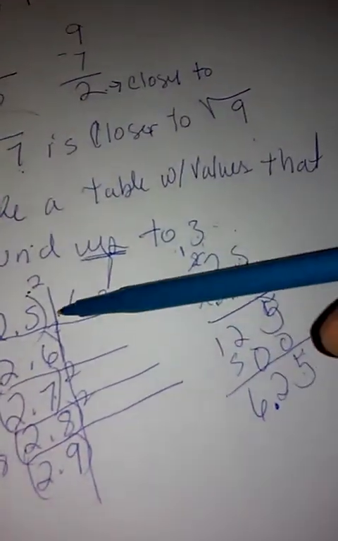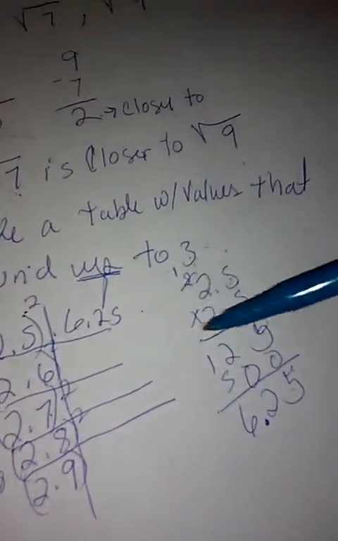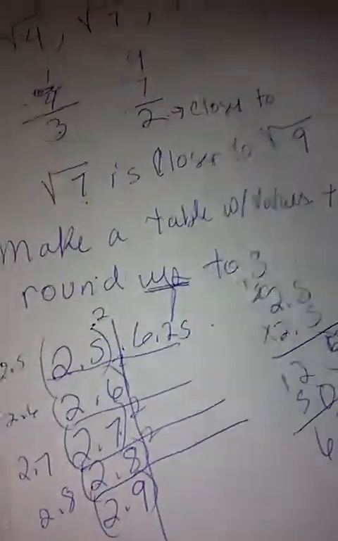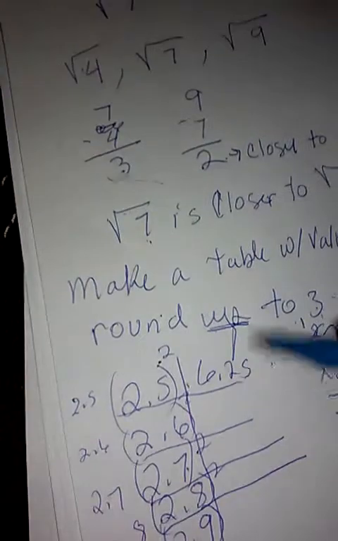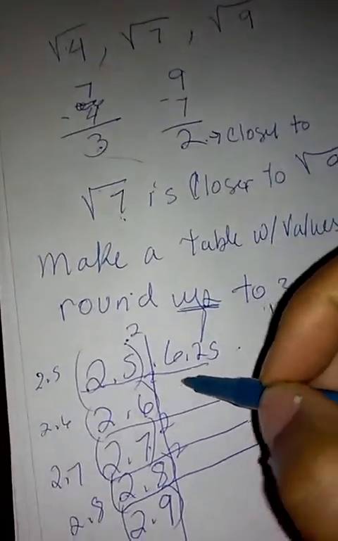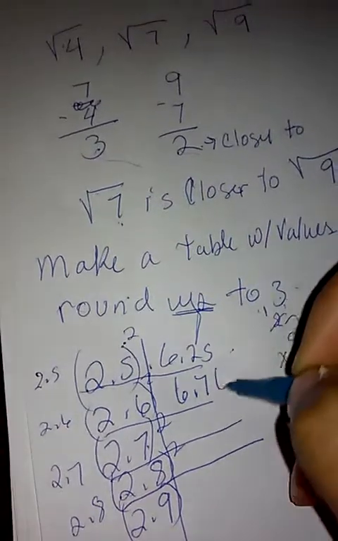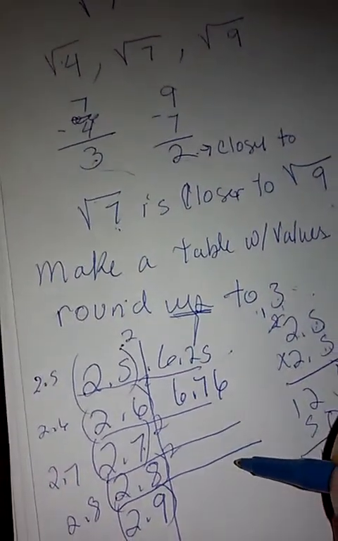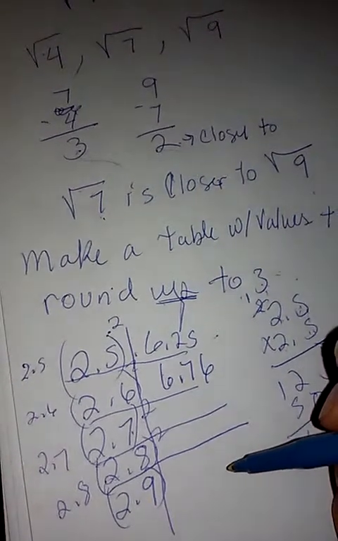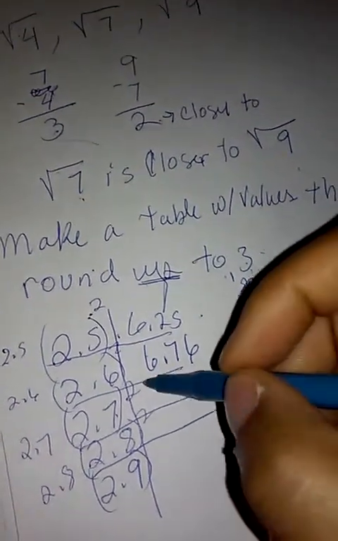I'm looking for the two numbers, one that's a little bit smaller and one that's a little bit bigger than 7. So I've already calculated the rest of these. 2.6 times 2.6 is 6.76. And 2.7 times 2.7 is 7.29.